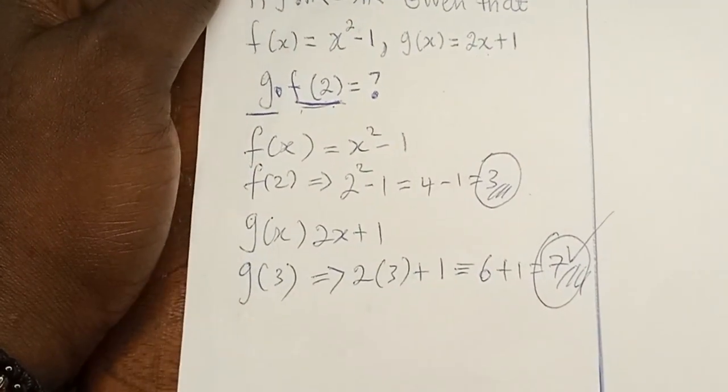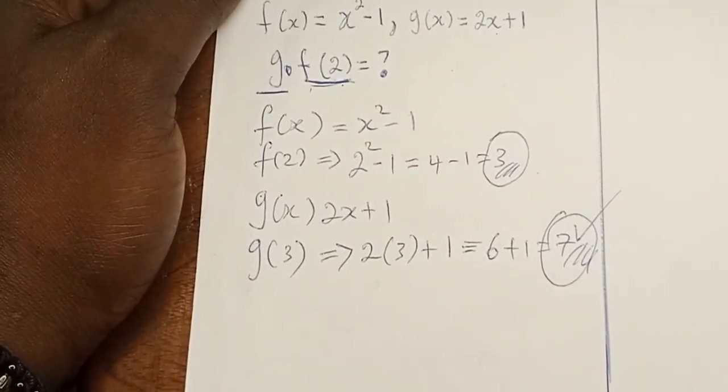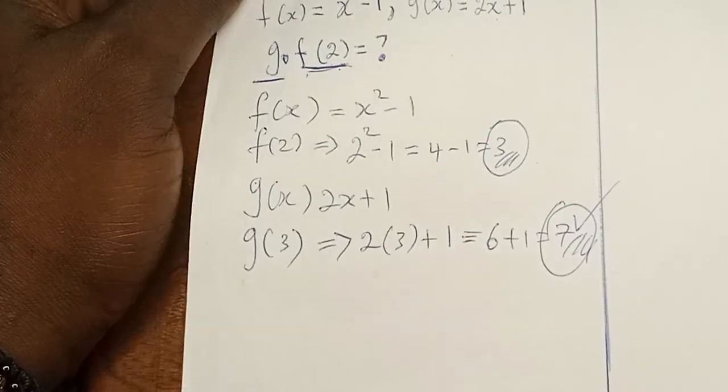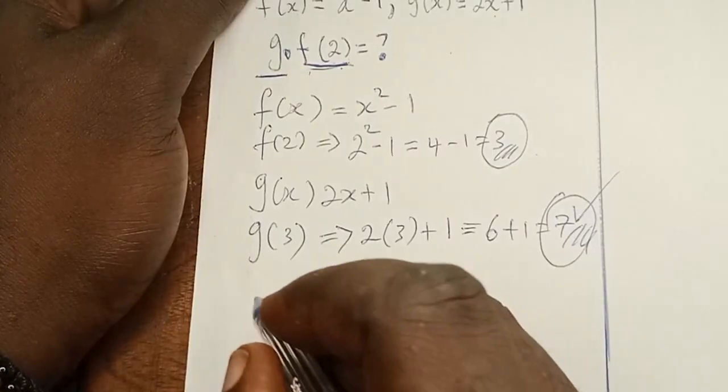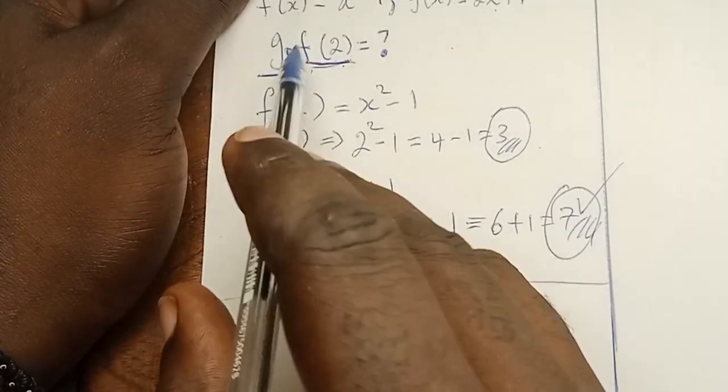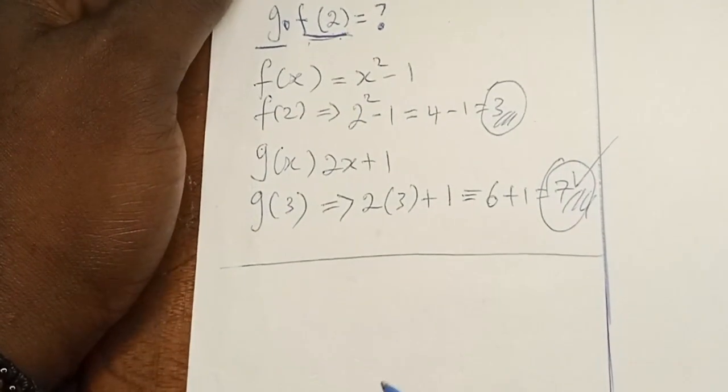I will give you one to try based on this expression. Try this particular one and try to comment the answer below. f of x, I will just change some values here by repeating the same thing.